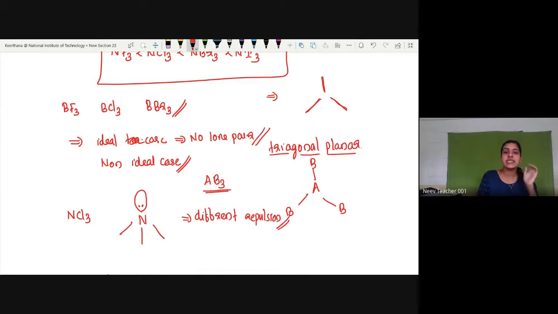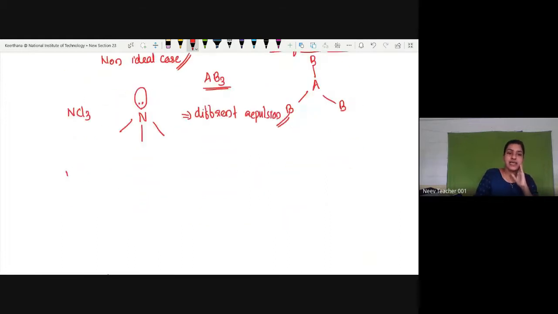In these cases only will we be concerned about electronegativity, or about the surrounding atoms. I can also tell you the ideal case is the case in which the repulsion is the same.